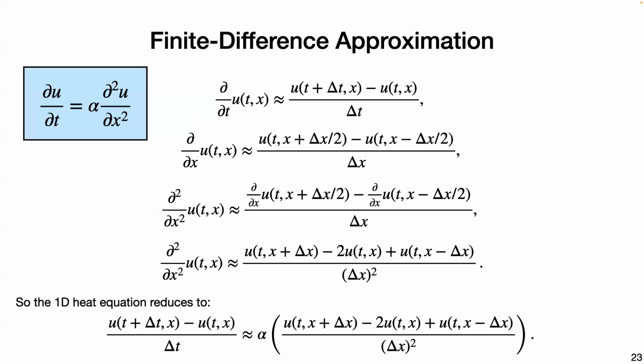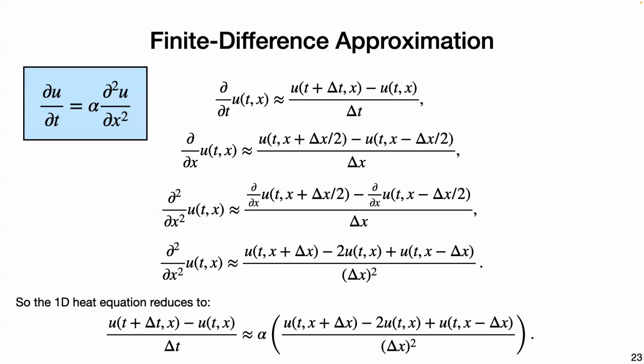So taking the partial with respect to t, you basically do this approximation where you take u at t plus delta t minus u at t, and then you divide by delta t. And as delta t gets close to 0, that approximates the real thing. Then there's some basic calculus that we don't have to understand for this exam.